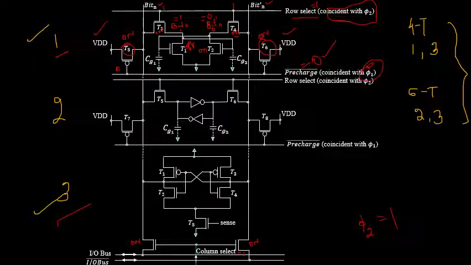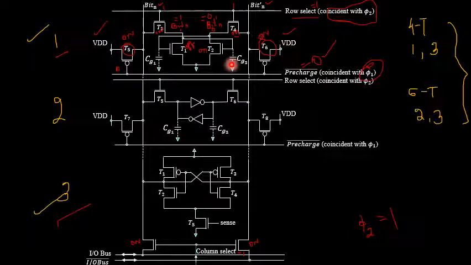So if bit n was carrying a value of logical 1 state, then it would take a path something like this. From here this transistor is on, from there the transistor T2 is on, then it is sent to the VSS. So whatever the logical state has to be stored, it will be stored in the gate capacitance Cg2 of transistor T2.